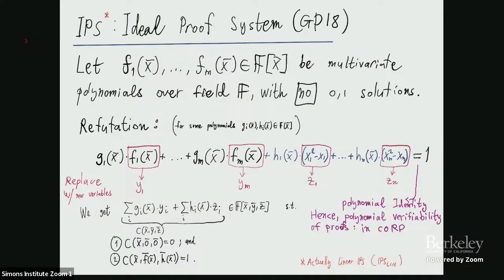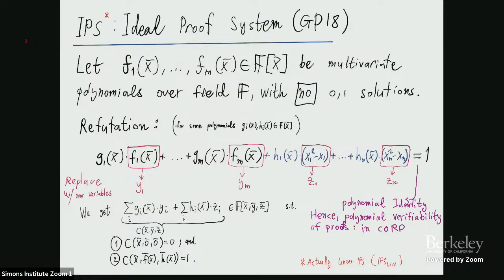It's not the constraint. So the same thing, the fi's are a set of polynomials which has no solution. And the refutation is this. And now I took these and I put a red box here. And this is the idea of Grochow-Pitassi.